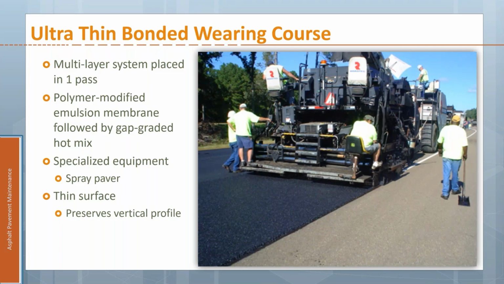But it's a pretty thin surface, so we can get a nice new fresh topper and still maintain a lot of our drainage with that vertical profile. So matching curb is a lot easier because this is something that's going to be maybe 5/8, 3/4 of an inch thick. So we're not doing a lot of vertical changes.